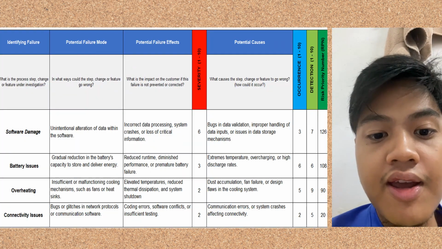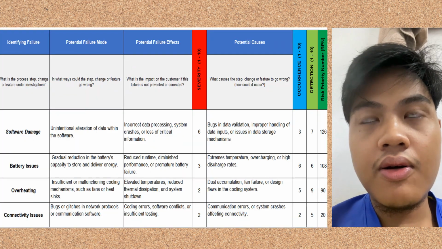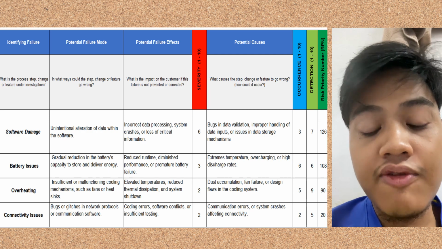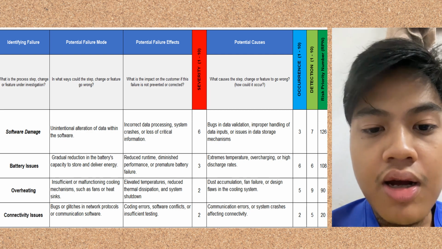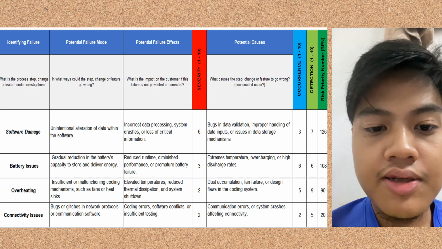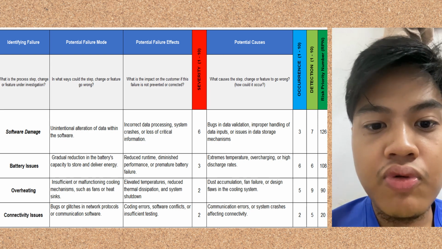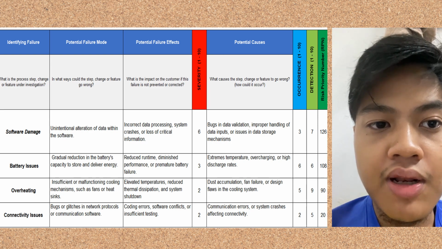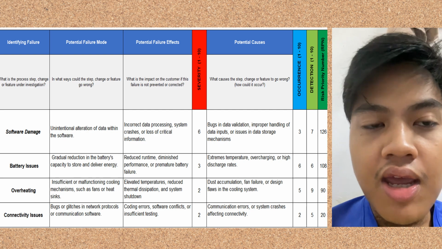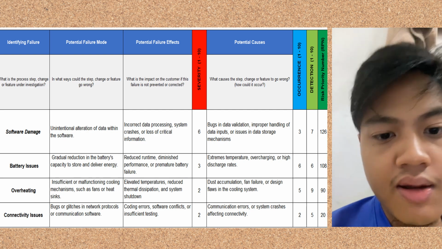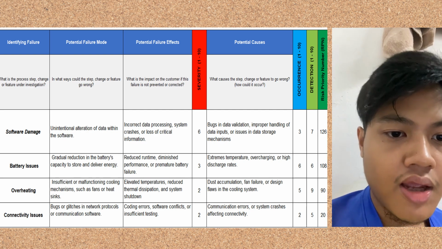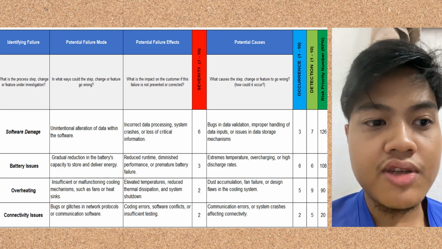Next, we have FMEA, also known as the failure mode effect analysis table. This table is a step-by-step approach to identify all the possible failures in manufacturing and assess them so that the manufacturer can tackle the most important issue first.